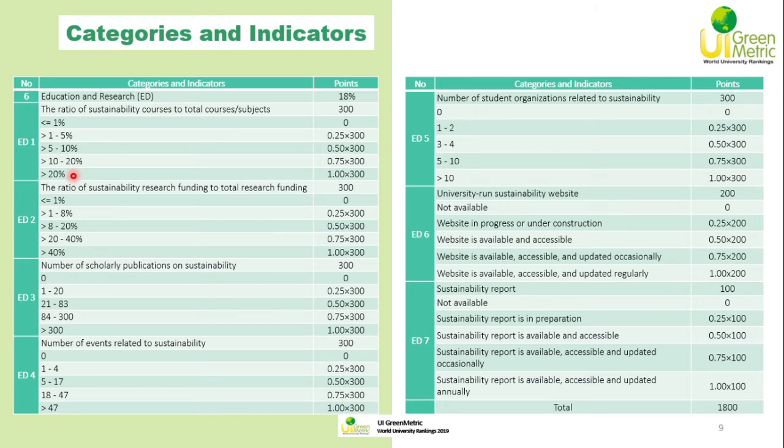And for non-class education, it is measured in terms of 2 things: events and organization. For the events, it is required that your campus needs to hold 47 or more events every year, and that is criterion number 4, 47 events or more per year dedicated to sustainability issues.